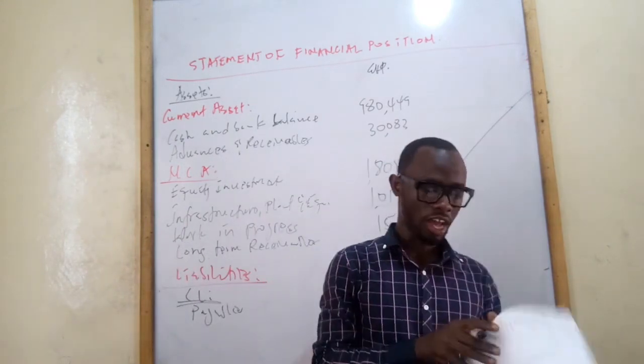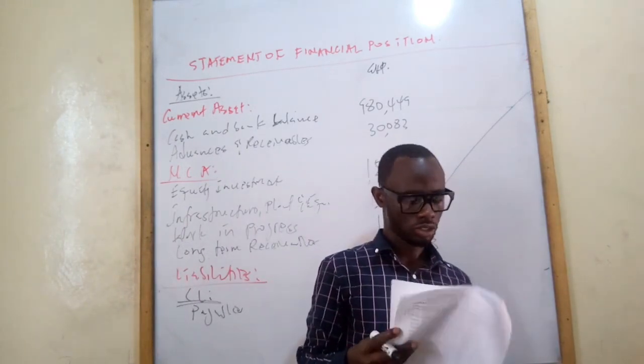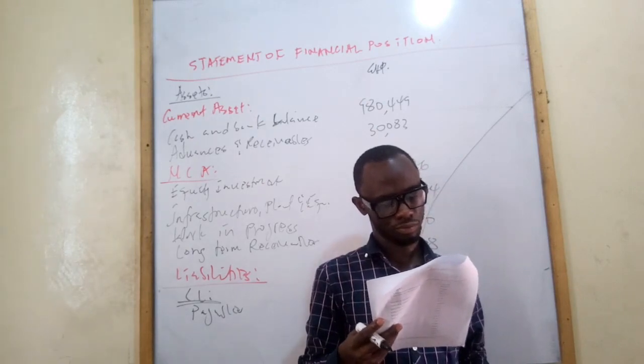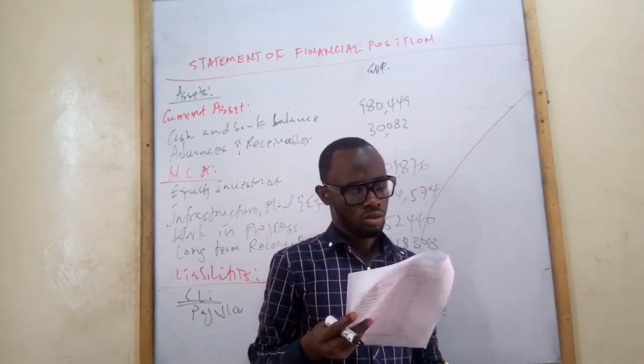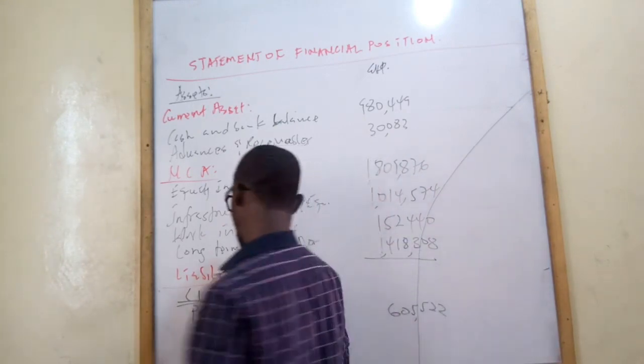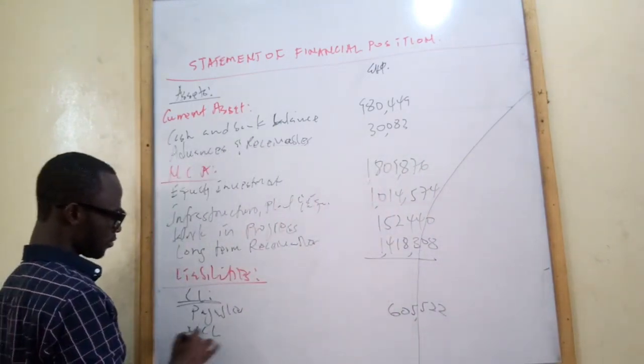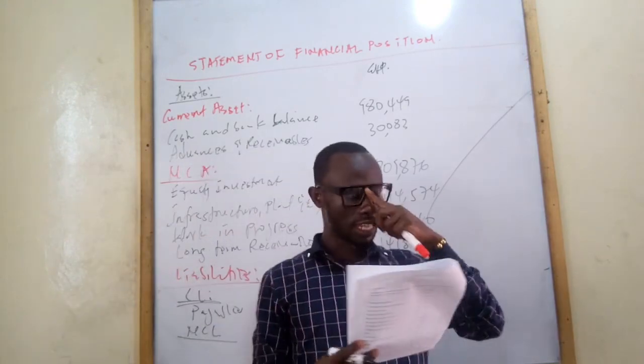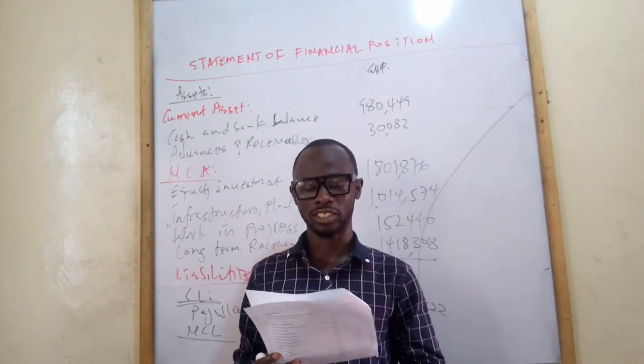And then let's see if we have other payables also. Then we have other non-current liabilities in the question, such as deposits and trust monies.